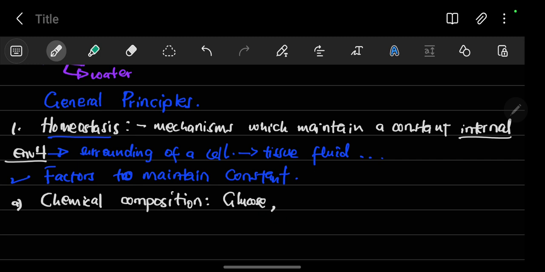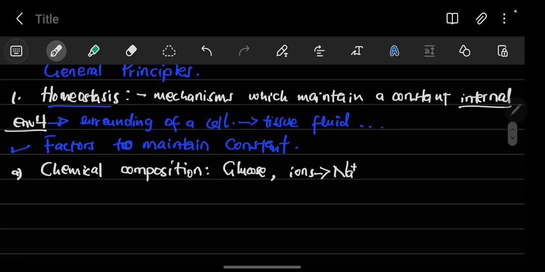And others are the ions within our body, like sodium ions, the potassium ions, calcium, all those ones. So we need to maintain these at a constant.